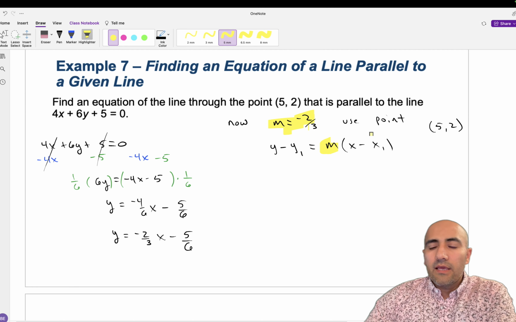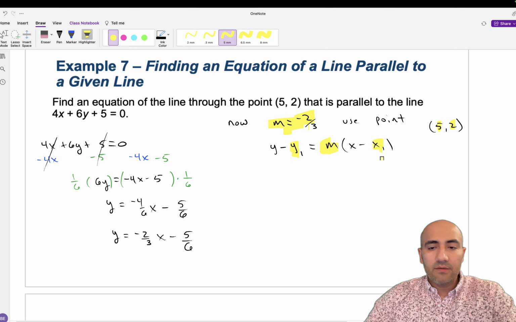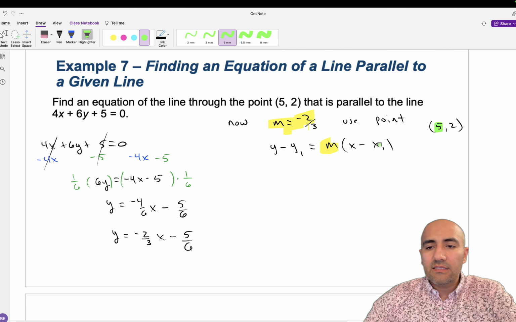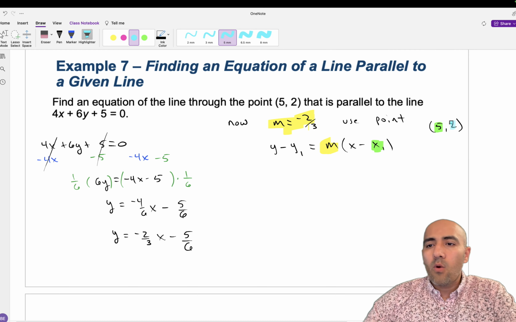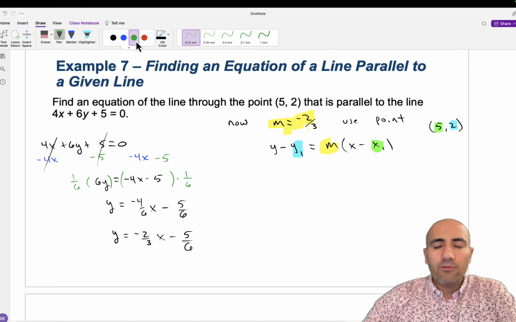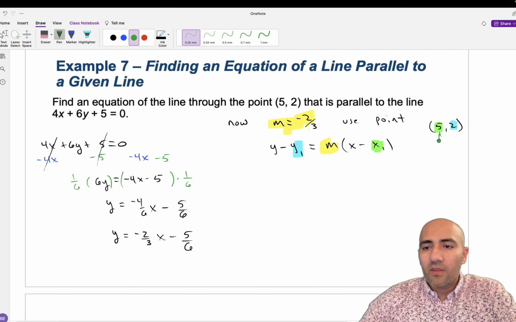That's this. And we have a point. This one and this one can be this point and this point. So this is going to be my x that belongs right here, and this is going to be my y that belongs right there. So I can just label them x sub 1 and y sub 1.